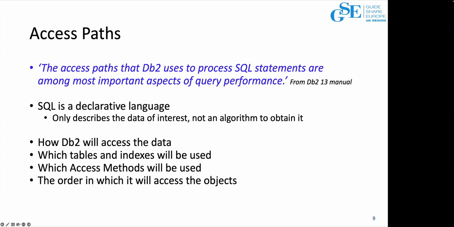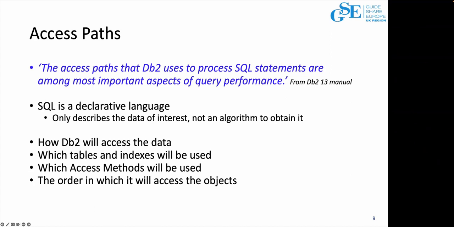Well, there are often several ways to implement a piece of SQL, and these are the access paths. And although the end result will be the same set of data being returned, regardless of the access path used, the performance between the different access paths is likely to vary. DB2 does all sorts of calculations to choose which access path will be best.